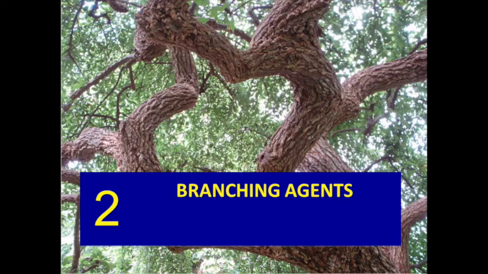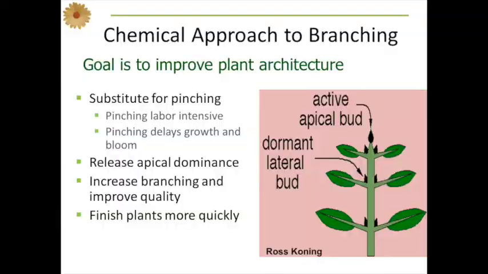So let's start with the branching agents, and we'll start with why we do this, and that is basically we're looking for a chemical approach to branching. Our goal is to improve the plant architecture and essentially substitute for pinching. Even if you're using the hedge trimmer that Brian showed you, pinching and shearing is a very labor-intensive project.